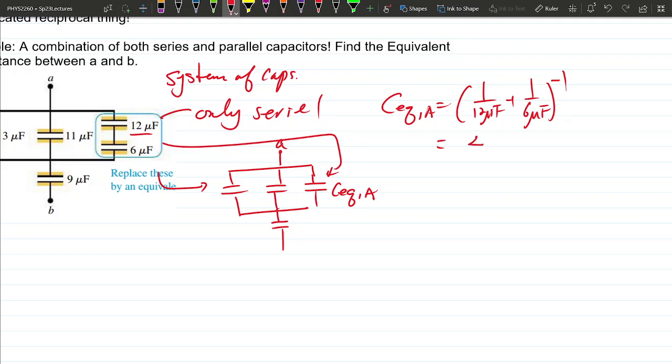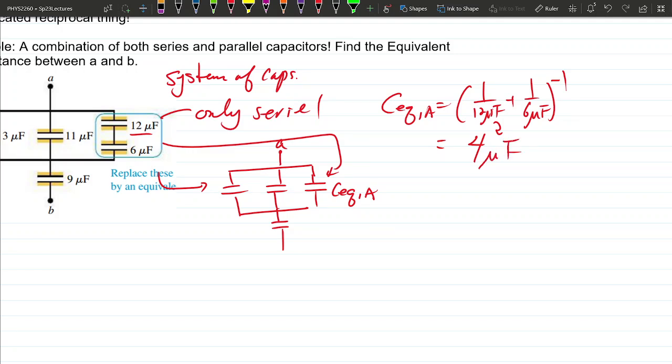This would be an equivalent of 4. I'm completely ignoring these units for now. Because the unit is in the denominator, and when you take the reciprocal of something, you put that in the denominator also, so this unit is actually in the denominator of a denominator. Where should I put it? In the numerator. So I can just put this in the numerator.